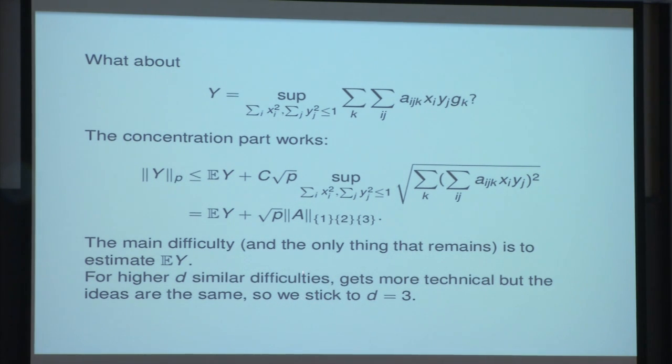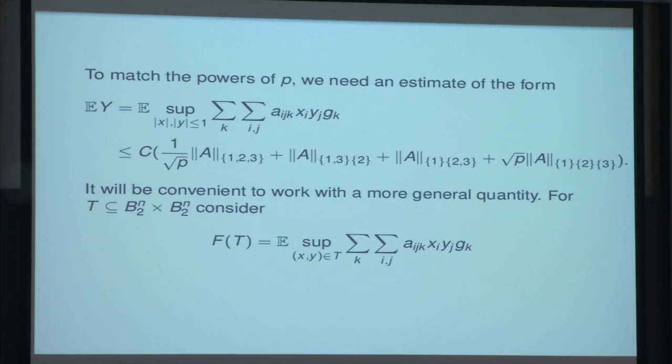For higher D, there are similar difficulties, but it gets more complicated, more terms appear, and it wouldn't be a good idea to do it for general D, because anyway, if you understand the case of D equal to 3, you can, with some effort, write down the general case. Well, you need to understand this case first.